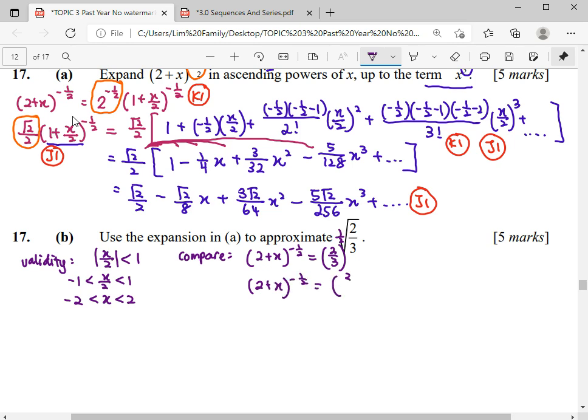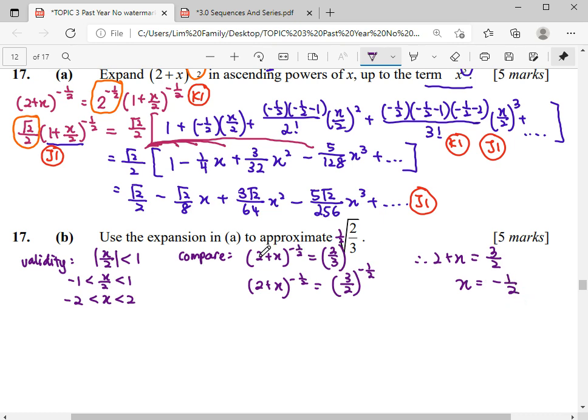Same concept, I need to inverse in order to get the same power. Both of them are to the power negative 1 over 2. Then 2 plus x will equal 3 over 2, so this x will equal negative half. Okay, so this x is also valid, which means this x can also be used. Just now x equals 1, but now x equals negative half. No problem, we will get the same result.